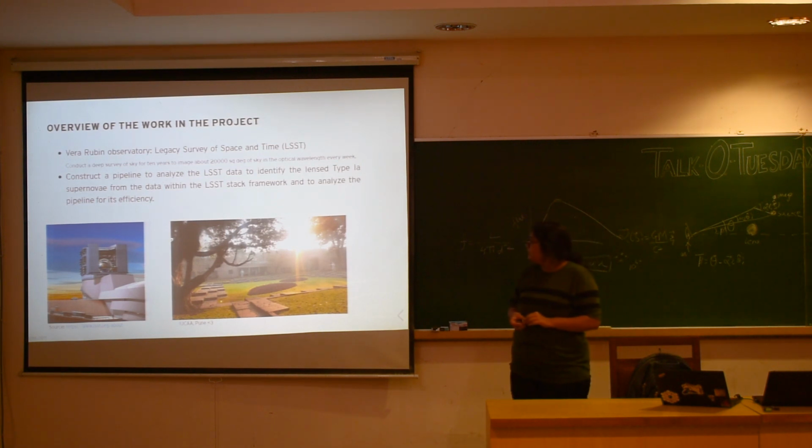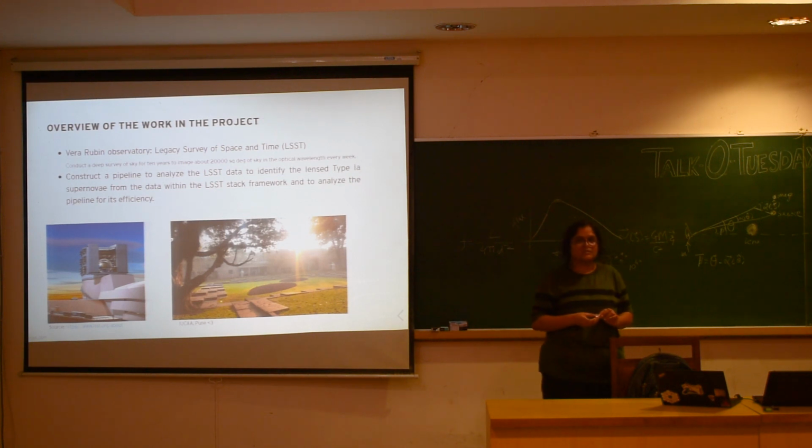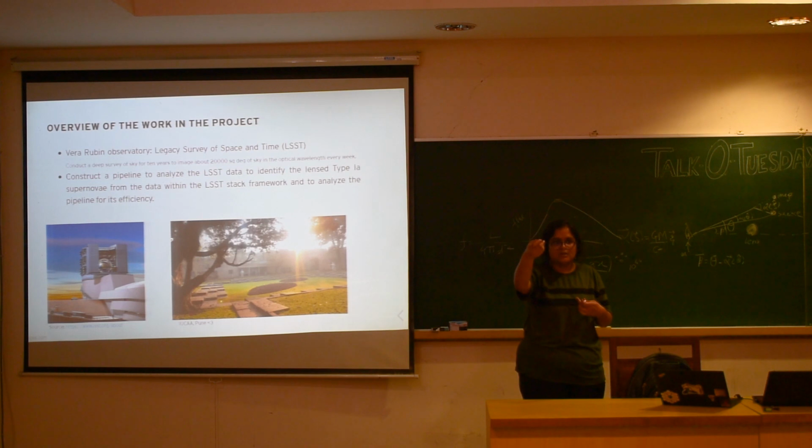What I am doing is trying to set up a pipeline which finds cases of Type Ia lensed supernovae. This telescope will survey the sky throughout 10 years. Each night it will survey the sky, and it will have an extensive amount of data, and from that data my work is to set up a pipeline which will extract the lensed cases of Type Ia supernovae.